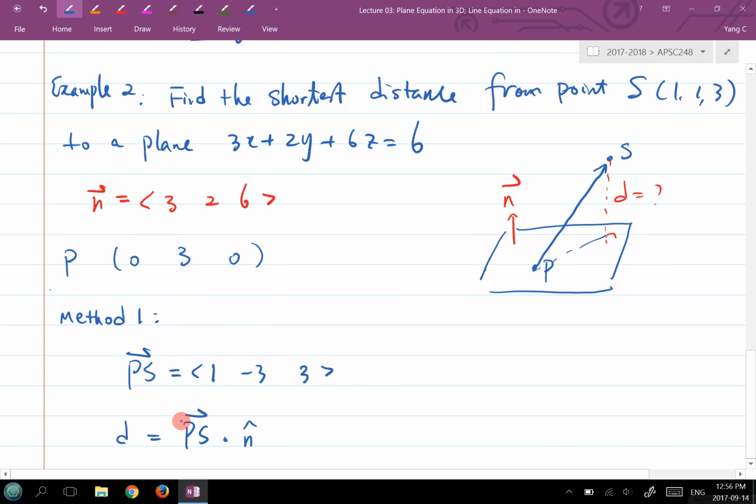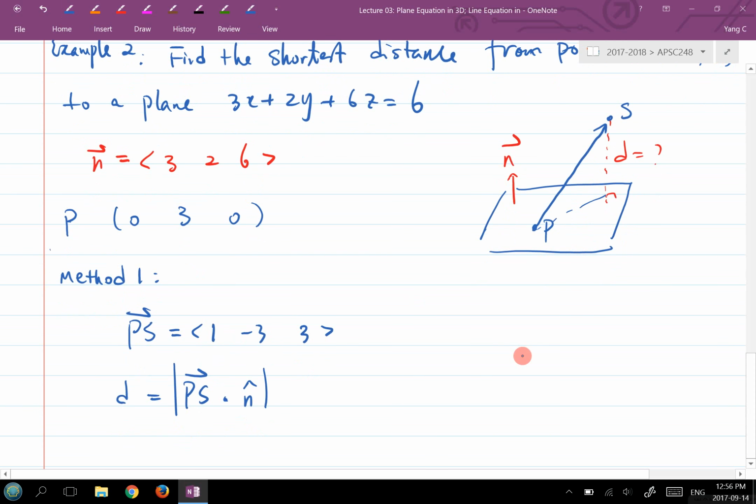Sometimes this can be a negative number, so you can put an absolute sign to get rid of the negative. But we don't have n hat. The question didn't give you n hat, it just gives you n, the vector you just wrote down here. So we can normalize this n to find n hat.